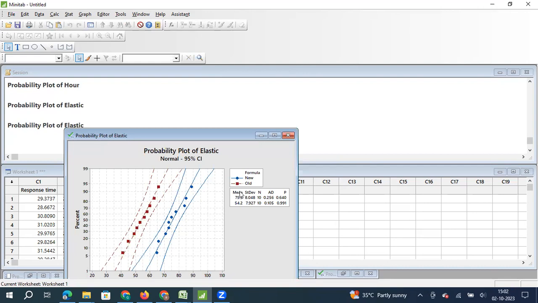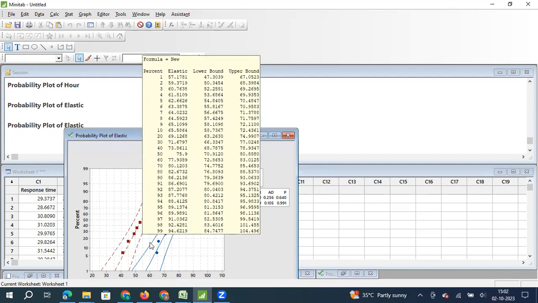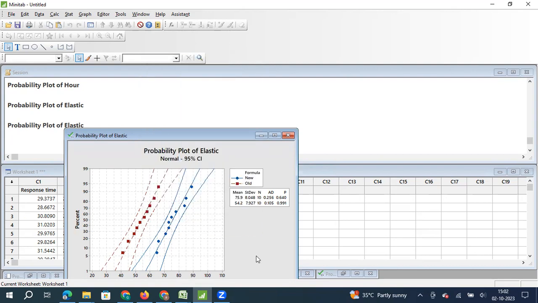However, you can see there's a significant difference in the mean of the data. The mean of this data is somewhere around 75, whereas the mean of this data is somewhere around 54. Now we are going to use the same probability plot to get some more inference.